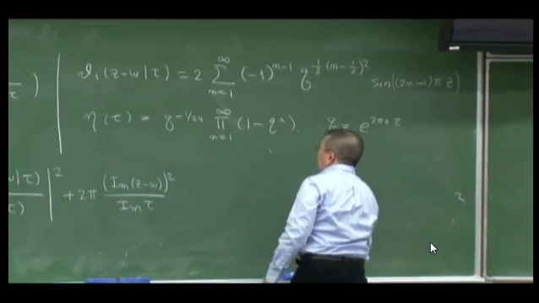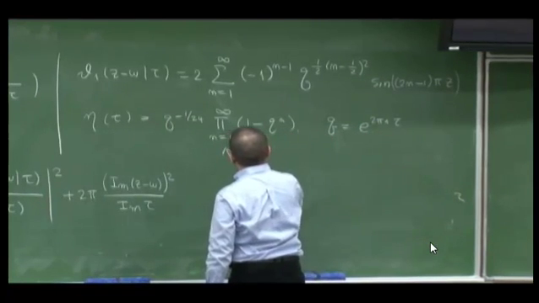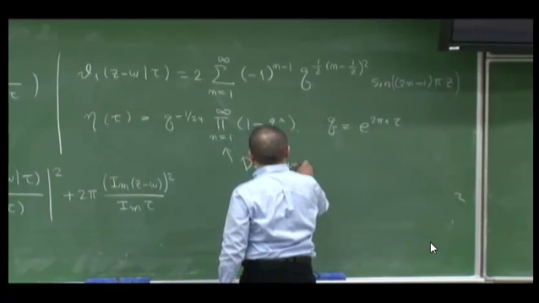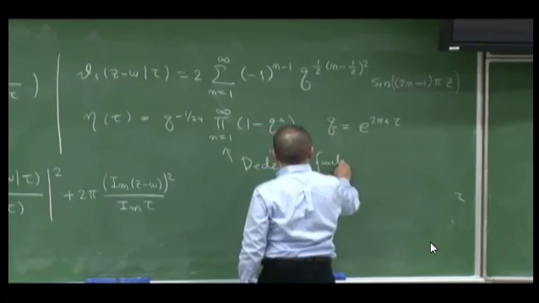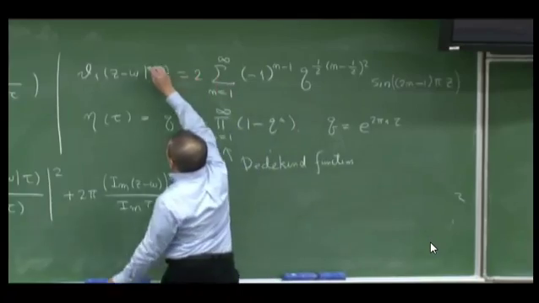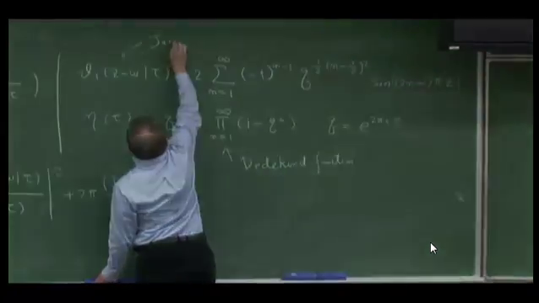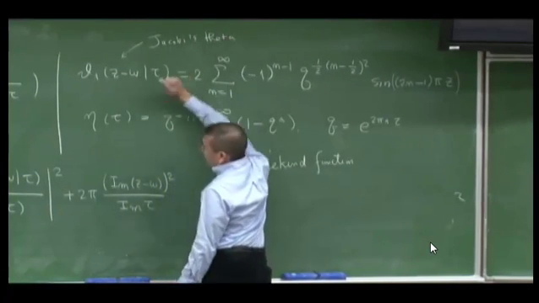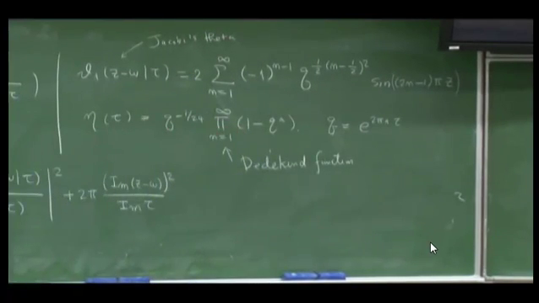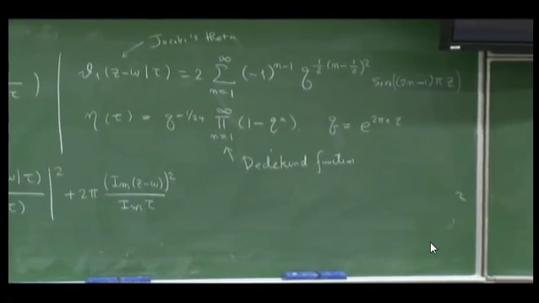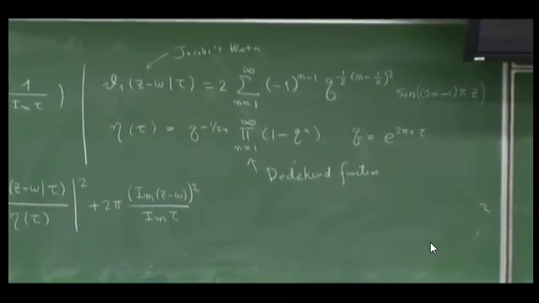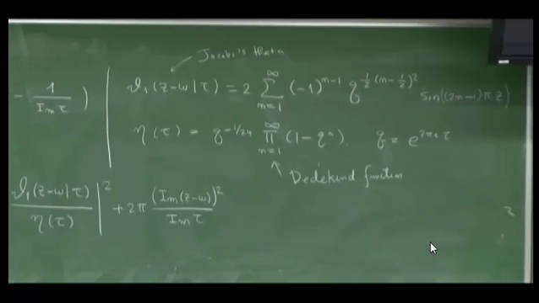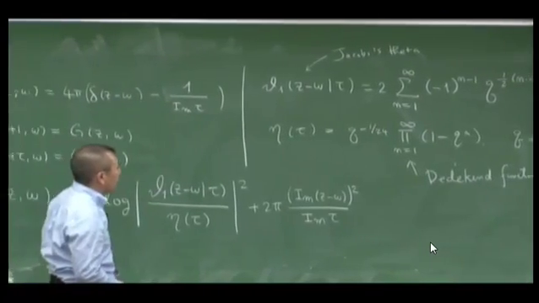This eta is called the Dedekind function, whereas this theta is called Jacobi's theta function. This Jacobi's theta function is almost periodic in both the 1 and tau directions.